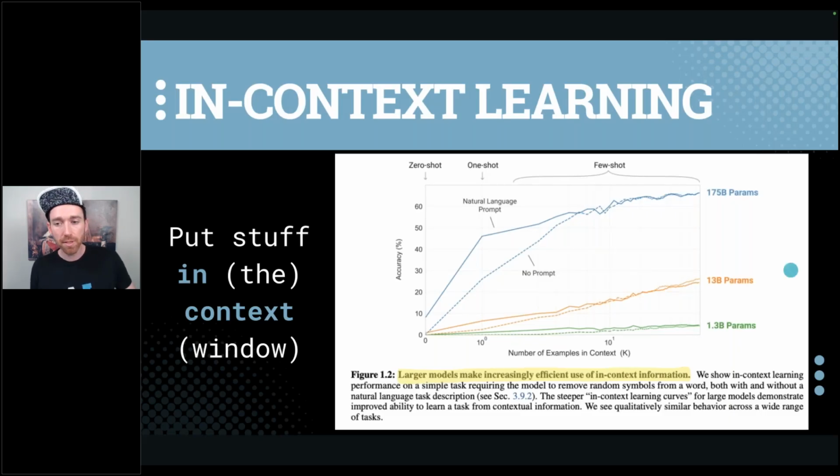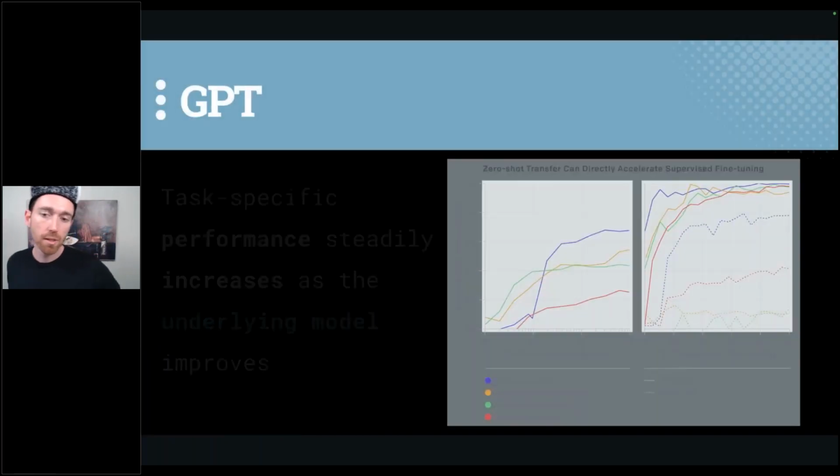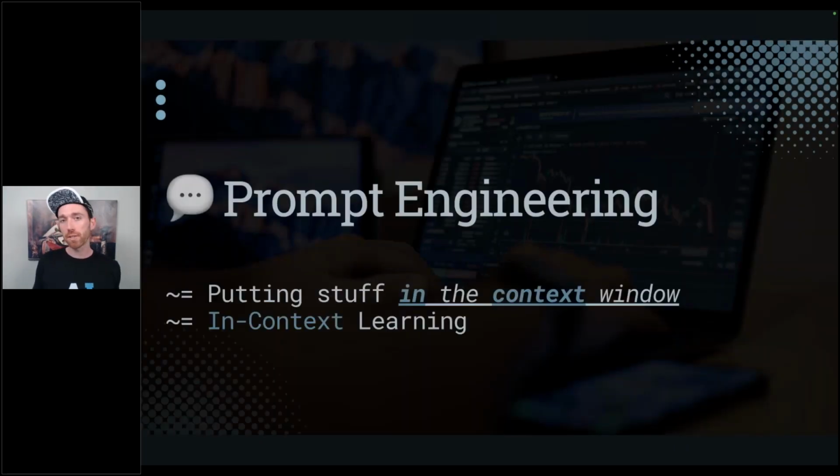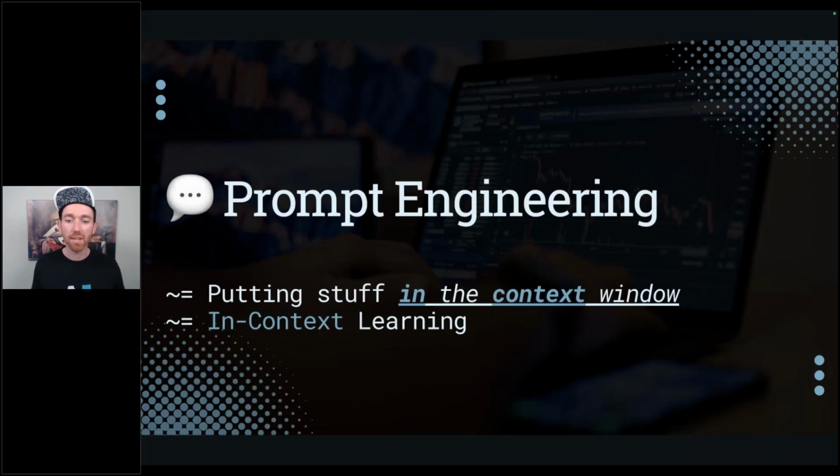And what we see when we do that is, instead of the bottomed out unsupervised pre-training effect that we saw back in GPT-1, with just a couple examples, or one example, we can get huge improvements, just like we saw in GPT-1 with just a little bit of fine-tuning. Okay, so all this sets the stage for the importance of prompt engineering. And it's just about putting stuff in the context window. All right, that's it.